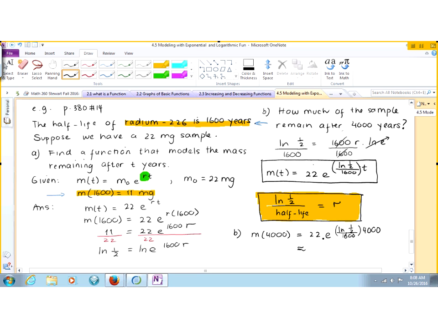Let's use our calculator now. So what is this? 22 multiplied by e to the ln 0.5 divided by 1600 times 4000, so you have to be careful here.